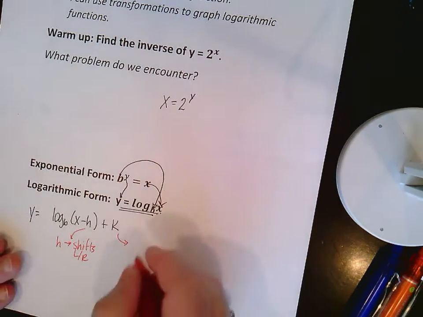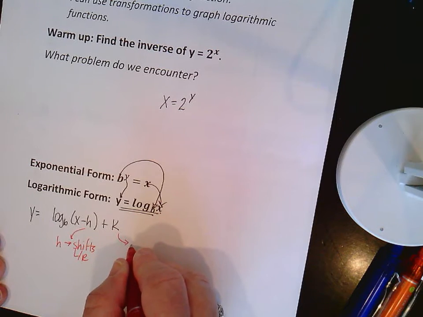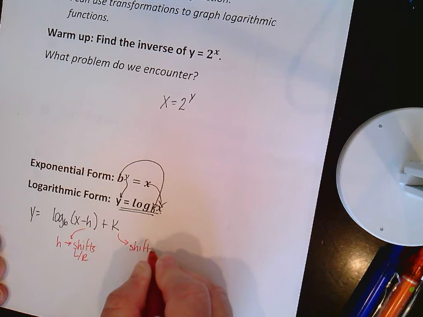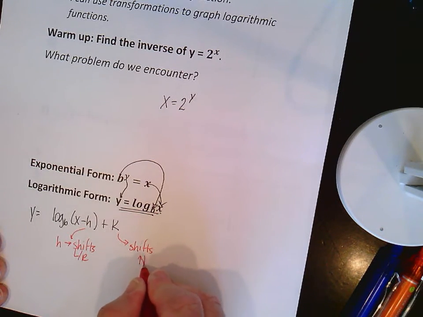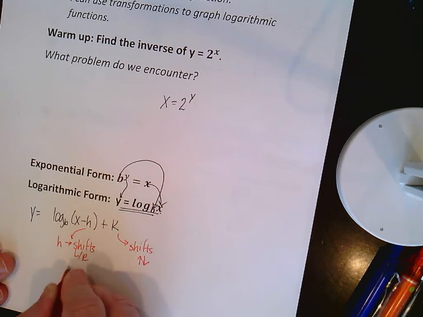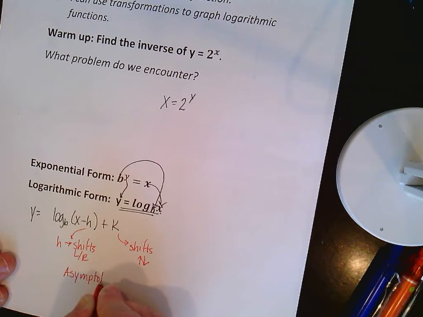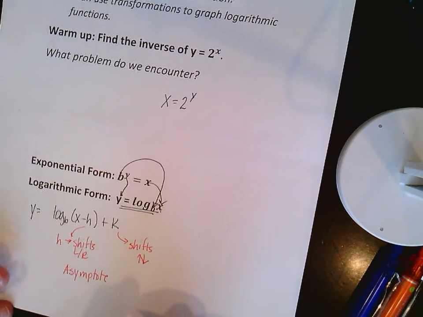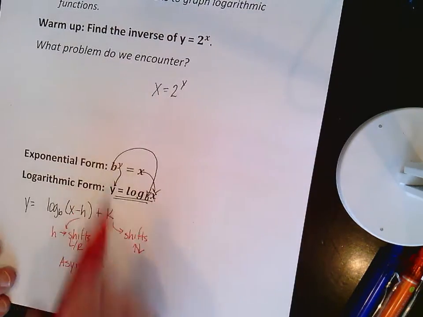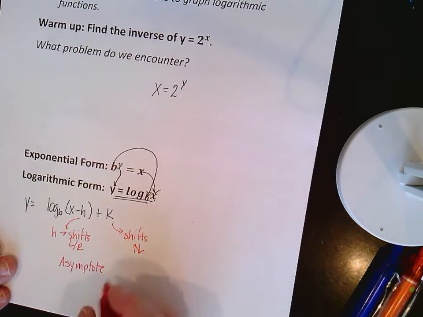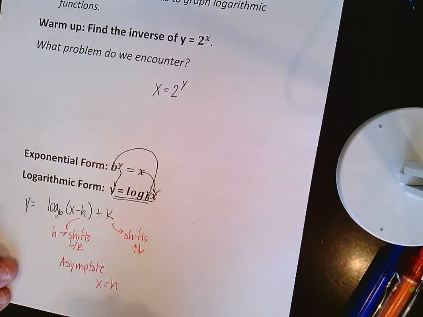The k tells you how it shifts up and down. Your asymptote for this one, because it's an inverse, right? Our asymptote in exponential form is y equals k. For logarithmic form, it's x equals h is our asymptote.